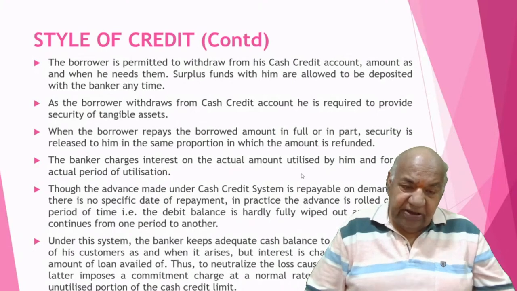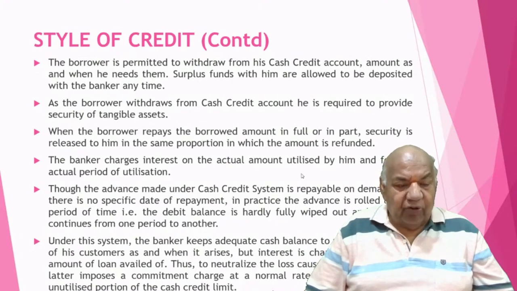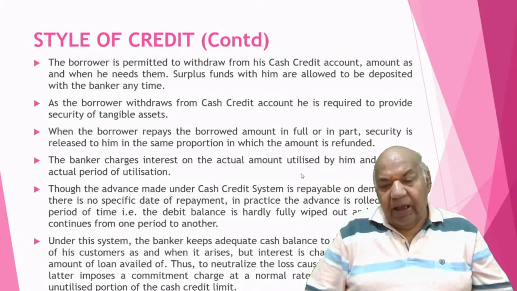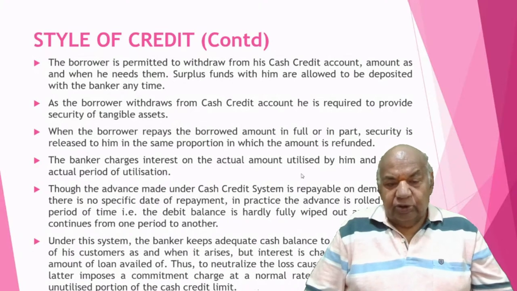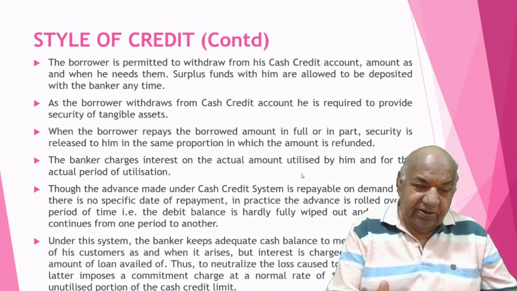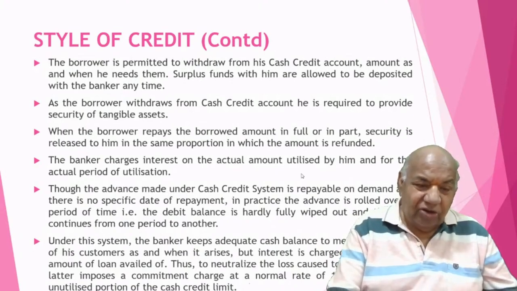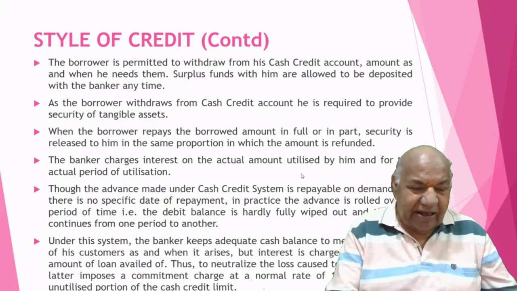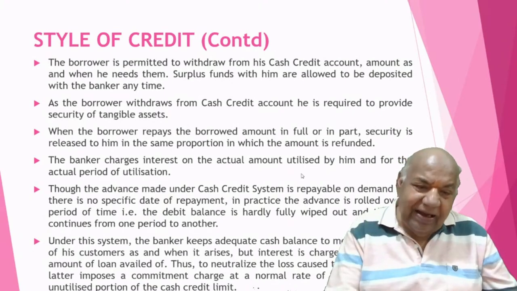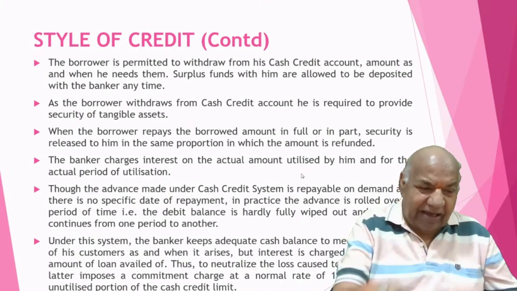That is, the debit balance is hardly fully wiped out and the loan continues from one period to another. Sometimes even window dressing is made, where payment is received on the last working day of the financial year and again advanced on the first day of the next financial year.